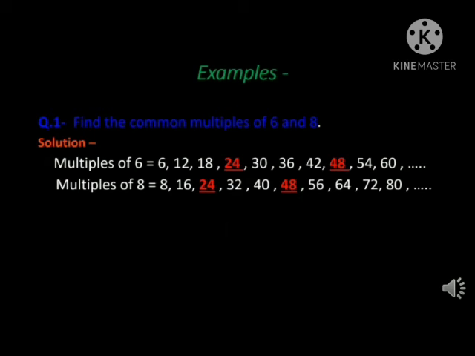Now notice the list of multiples of both numbers. We can see that numbers 24, 48 and so on are in both lists. Thus, common multiples of 6 and 8 are 24, 48 and so on.